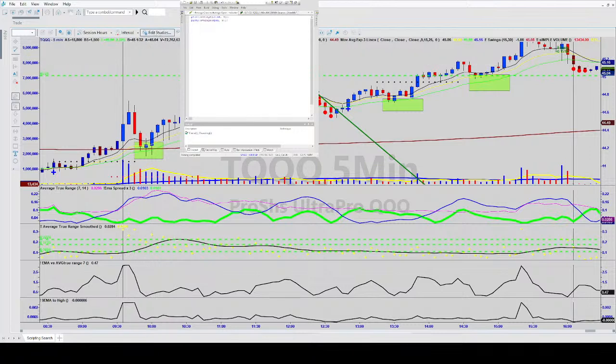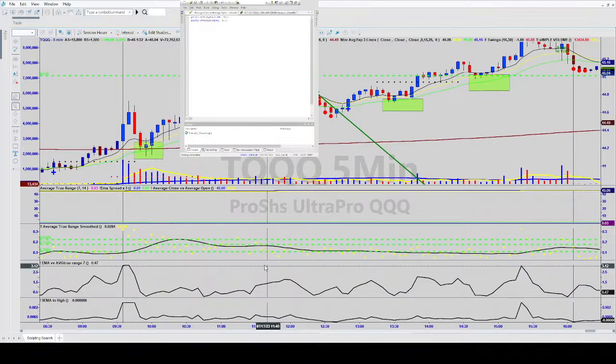All right. Open studies indicator. Where to put it at?